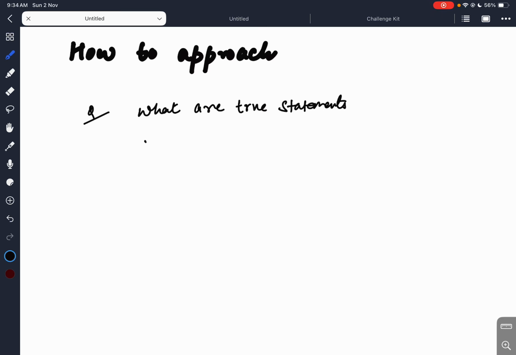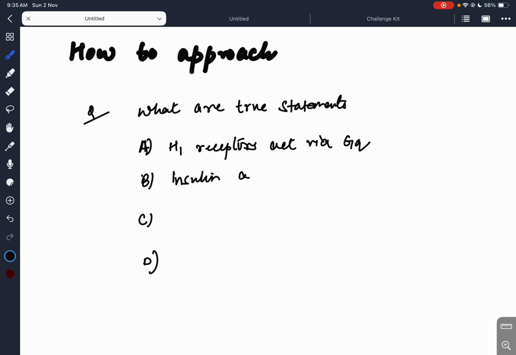Let's say the options are A, B, C, D. It is written: H1 receptors act via GQ. Then it is written: insulin and growth hormone act via tyrosine kinase.